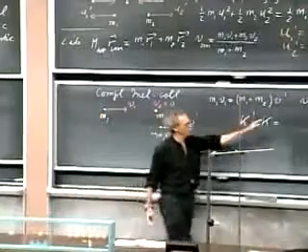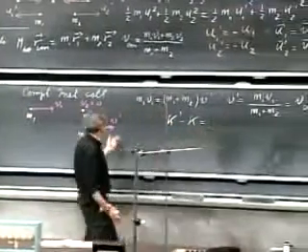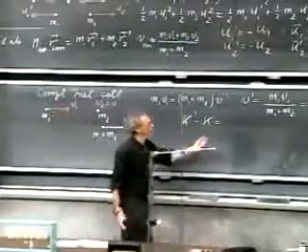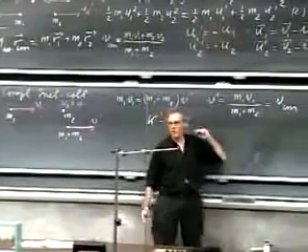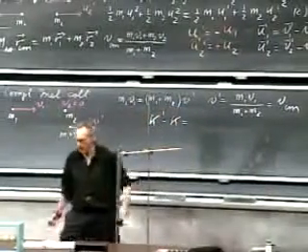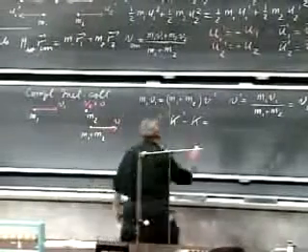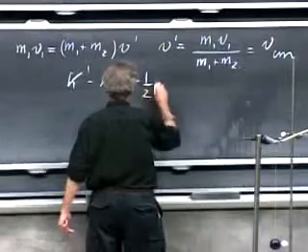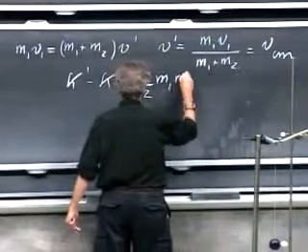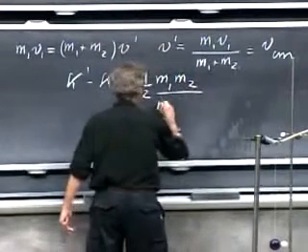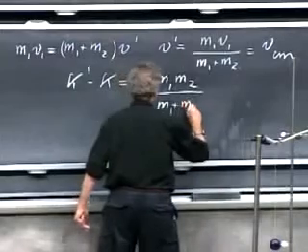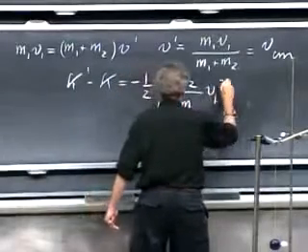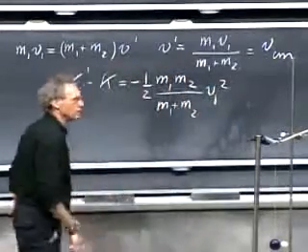I calculated v prime, and so you have to take half this mass, multiply it by this velocity squared. I'm sure you can do that, and you will see that this equals minus 1/2 m1 m2 divided by m1 plus m2 times v1 squared, after you massage the algebra a little bit. That's what you will find.